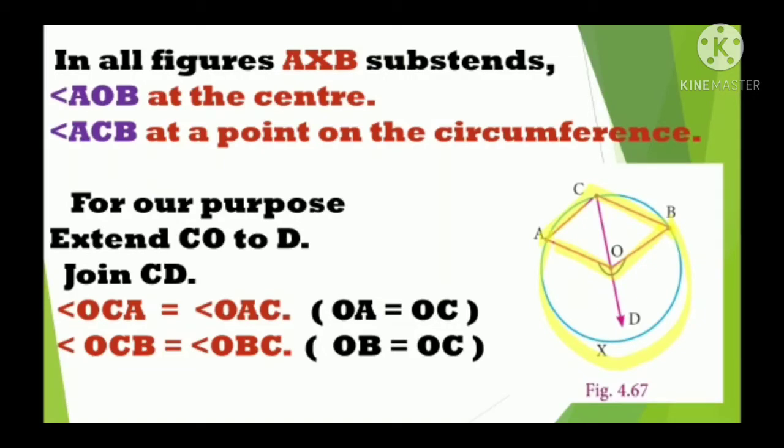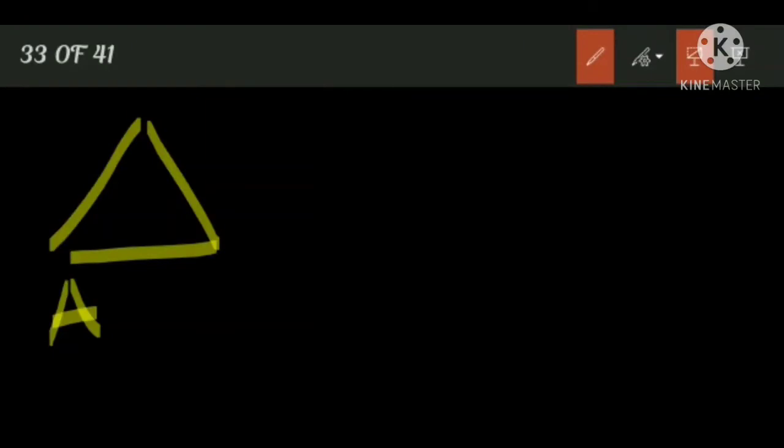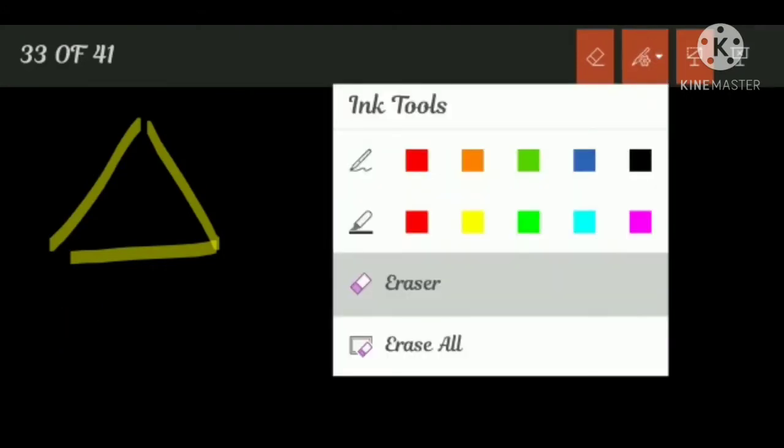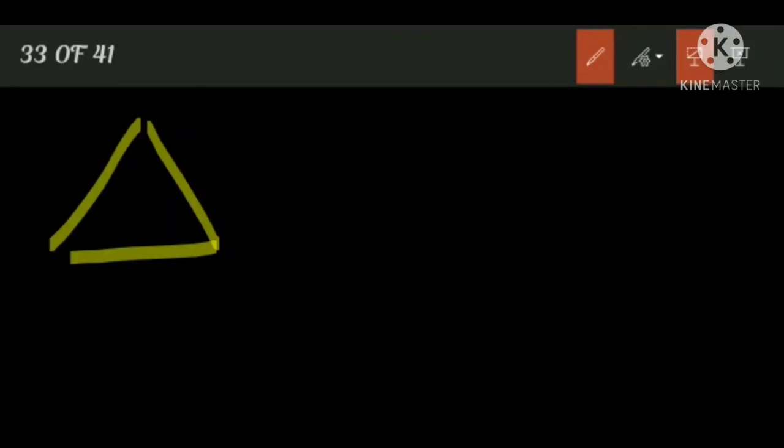Now let's see why this is. Because here we have a triangle AOC.